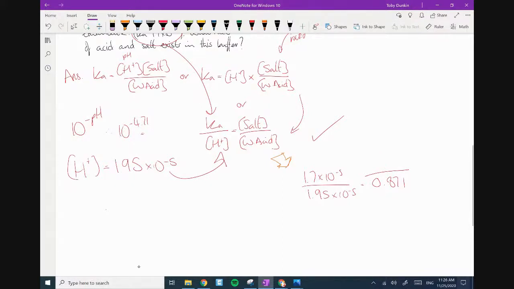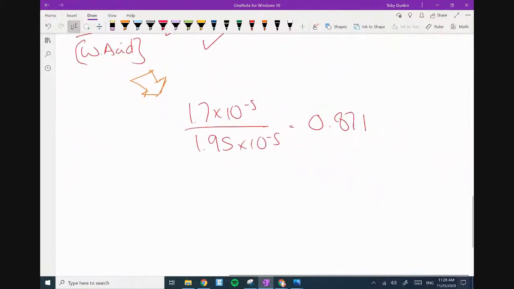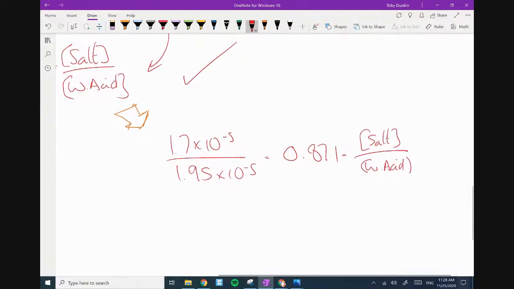No, it's not. Oh, hang on a minute. That's then the number. So how do I then, hang on a sec. 0.871 equals, can I end it? No. If I do, that's the ratio. That number there equals the salt to weak acid. Yeah, that shows the ratio between those.